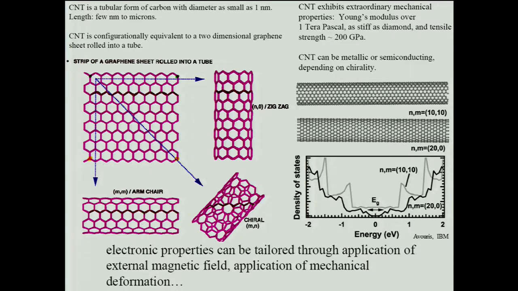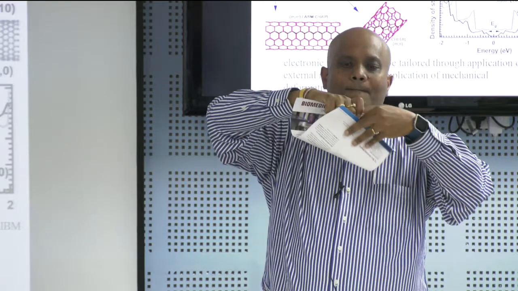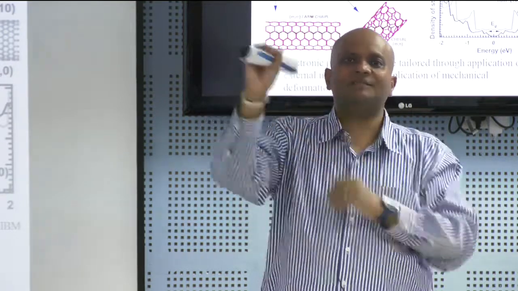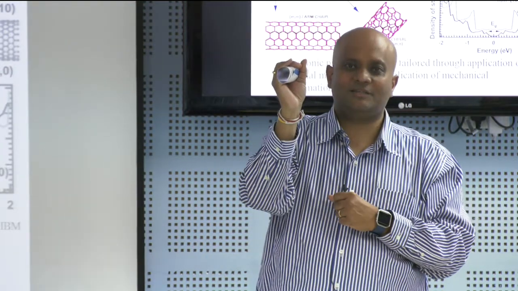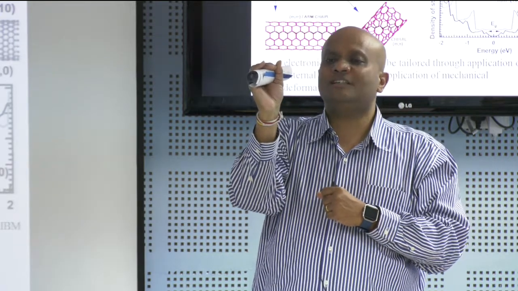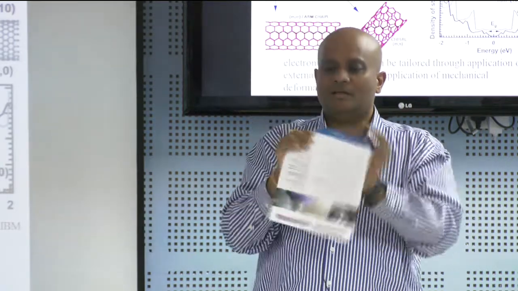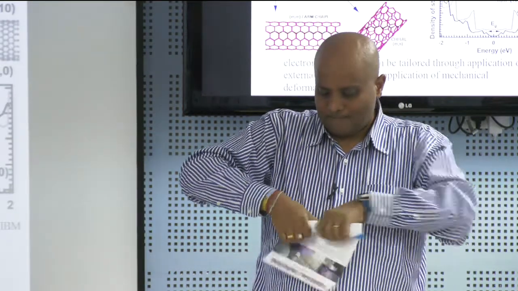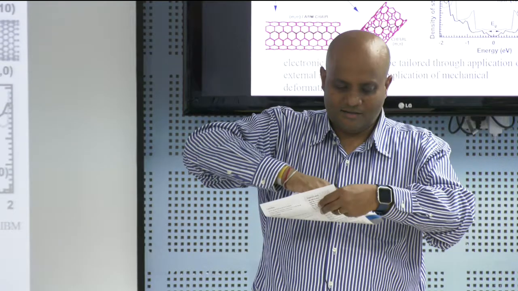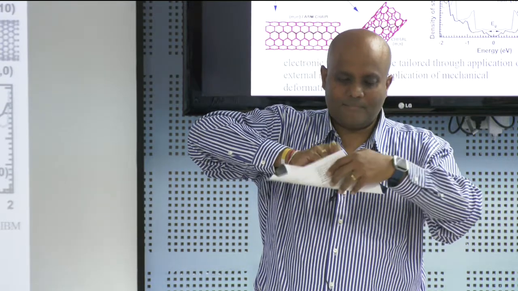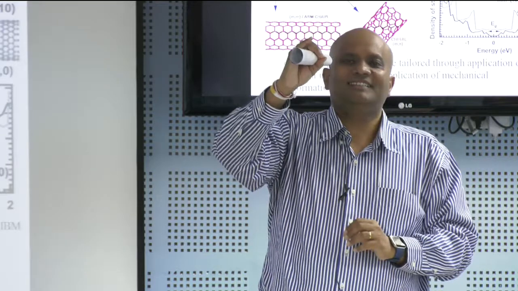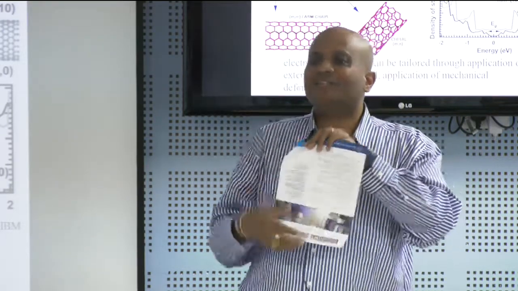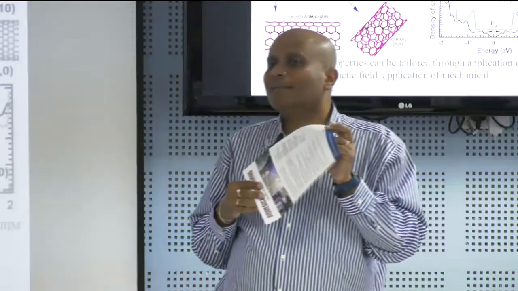If you roll the graphene sheet this way, this becomes your carbon nanotube. This nanotube is different from what you get if you roll it up this way, along the diagonal. So, this nanotube and the previous one have different electronic properties.